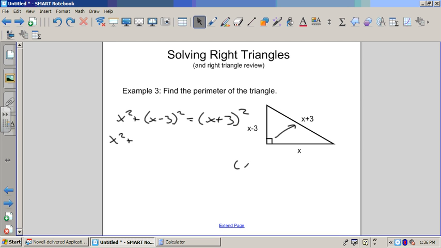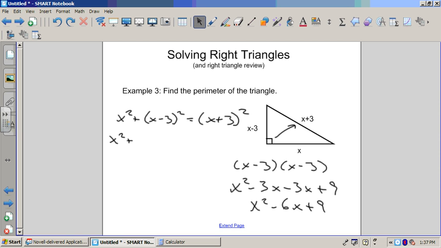X minus 3 squared is x minus 3 times x minus 3, first, outer, inner, last. I get x squared minus 6x plus 9. So I've got x squared plus x squared minus 6x plus 9 is equal to x plus 3 squared.